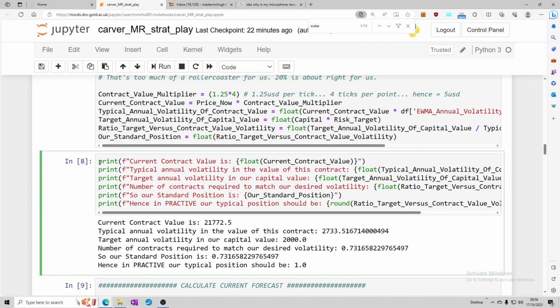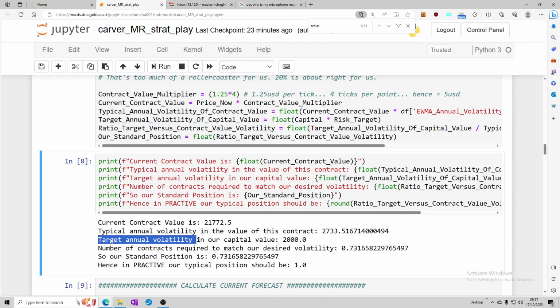We have a block of code here which is just restating the values we've just calculated. I think it'll be helpful to run through this. The current contract value is nearly $22,000. In other words, if you bought one of these contracts, just one, and then it drops in price all the way to 0, then you've lost $22,000. The typical annual volatility in the value of this contract is nearly $3,000.